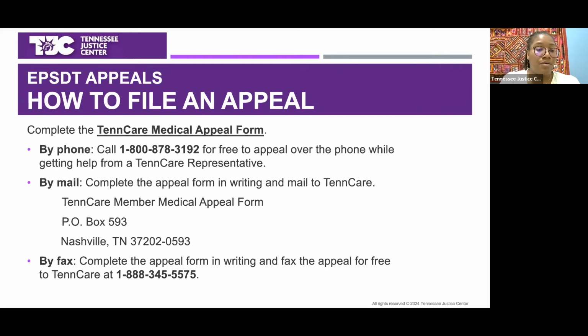And same thing if you use fax to file the appeal, you'll fax it for free to TennCare at the number on my screen. All of these methods are equally available to everyone. It's just what works for you.